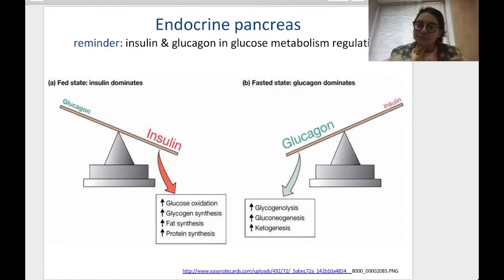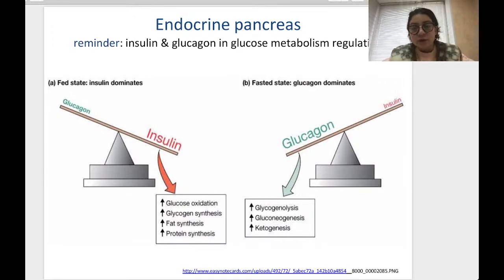It has an anabolic function. It accumulates everything, and it stimulates synthesis and accumulation of different types of chemical agents in our organism.